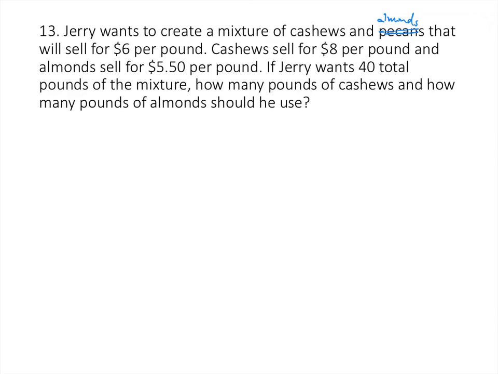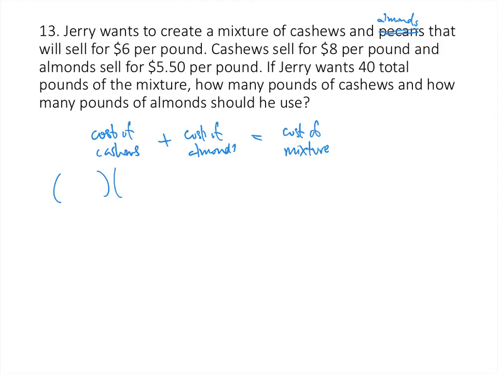So the way that we want to start setting this up is to realize that the cost of the cashews plus the cost of the almonds equals the cost of the mixture. And the cost of the cashews is a product.